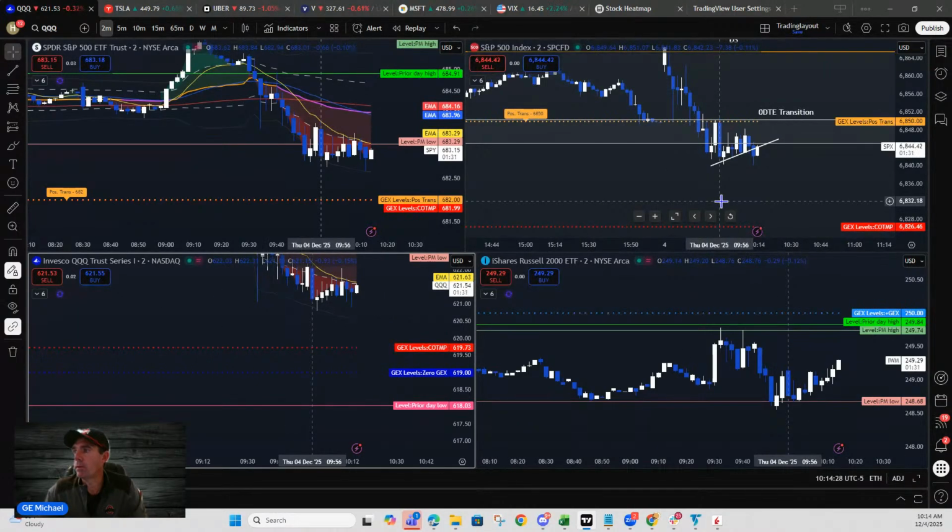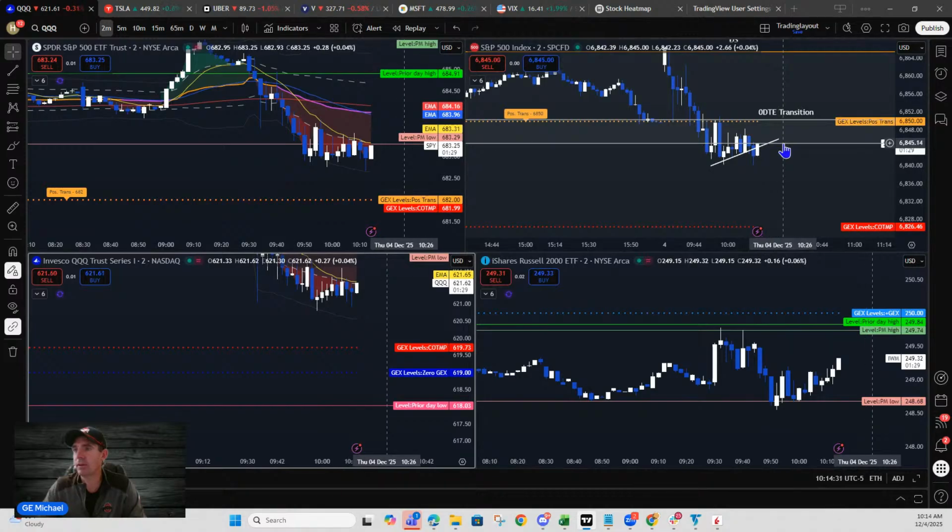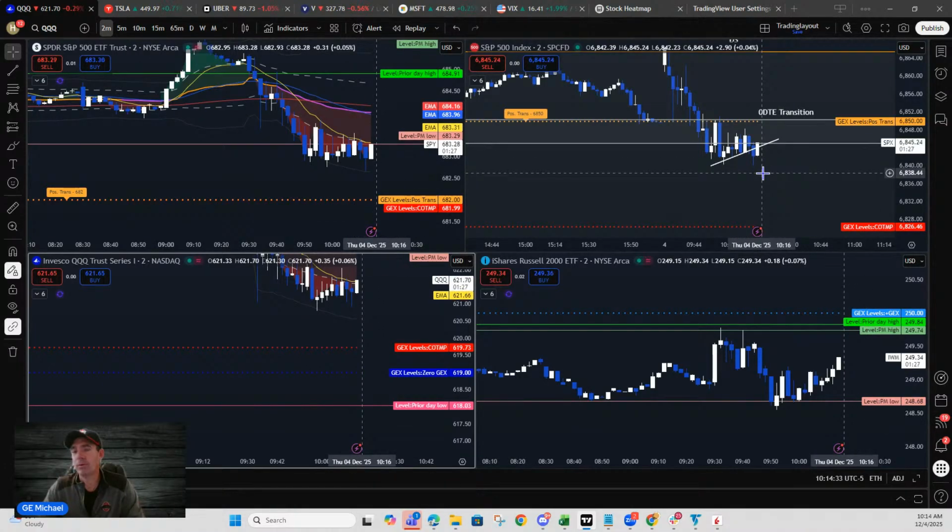So just chopping around under that in-transition level, just back and forth. So very choppy action there.